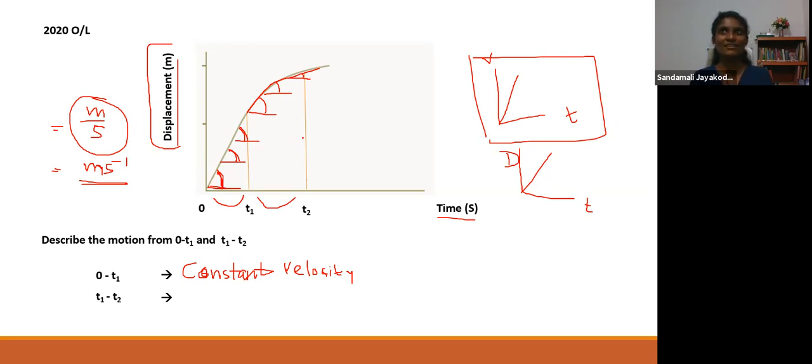When the velocity is decreasing, what is that motion defined as? Is it an acceleration or deceleration? Deceleration. Good. So the gradient is decreasing, it's a deceleration.